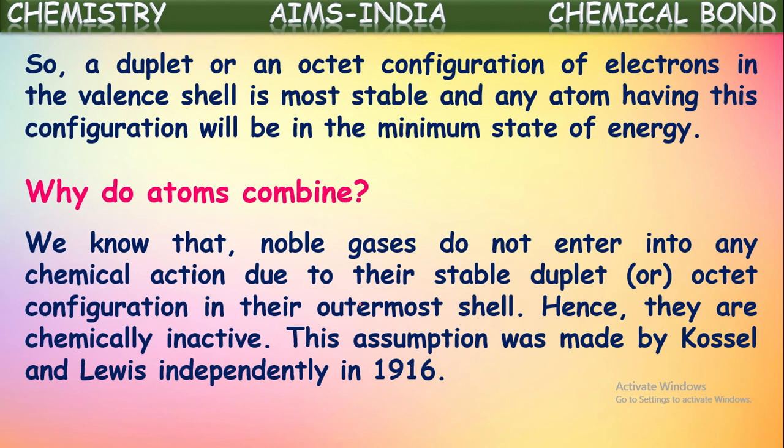They also proposed why these elements are active: elements that do not have octet or duplet configuration are unstable and hence reactive, and elements with duplet or octet configuration are more stable and hence are called noble gases.